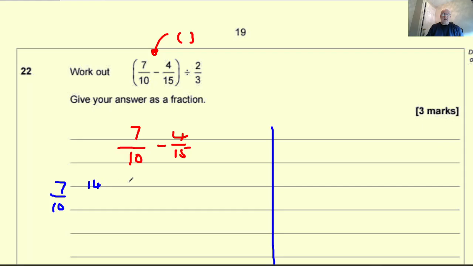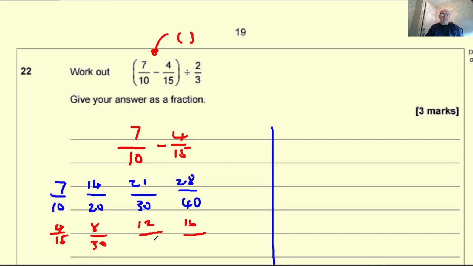So 14, 21, 28. I'm just doing equivalent fractions by doing the times table of each of the numbers. 20, 30, 40. If I look at the second fraction, I've got 4/15, 8, 12, 16, and 15, 30, 45, 60.